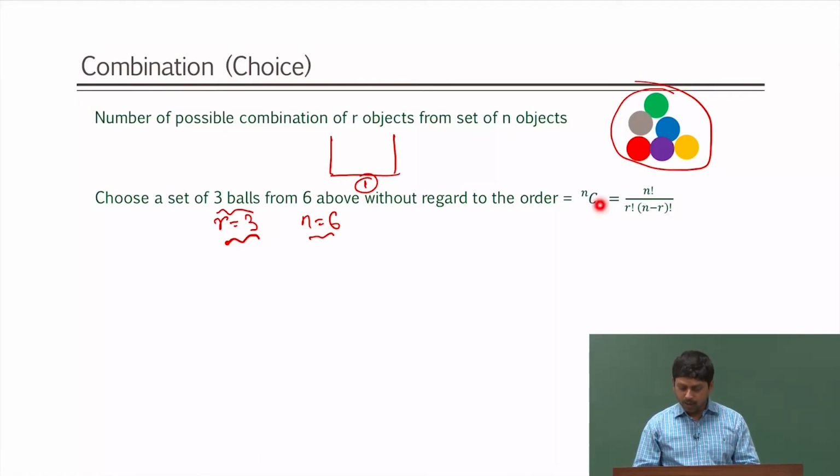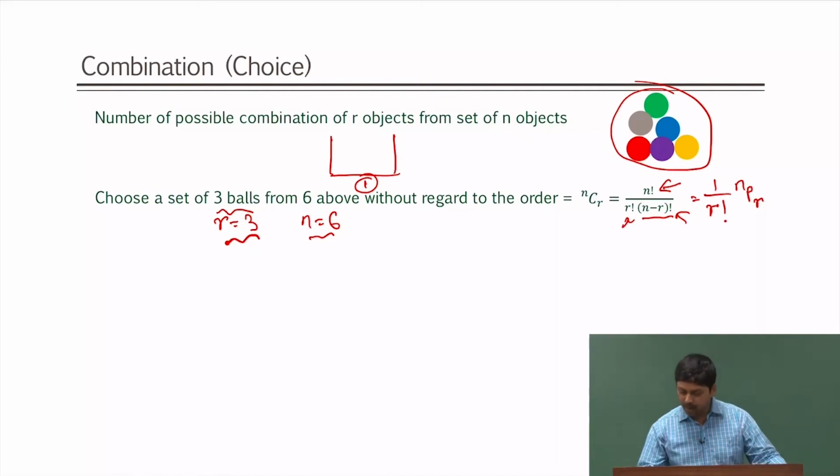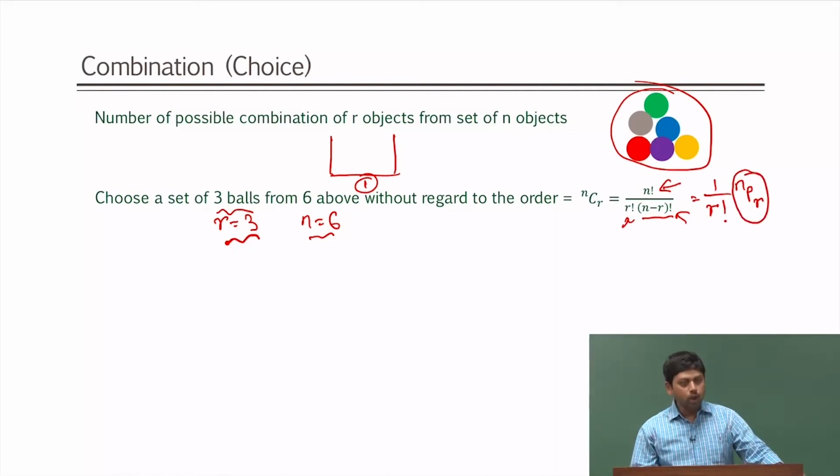We can choose in something called n choose R or nCr ways, which by formula is factorial n divided by factorial n minus r and factorial r. You see, in that case I have an extra factorial r on nPr. So, I had an nPr which is permutation, and on top of that I have divided that nPr by factorial r.